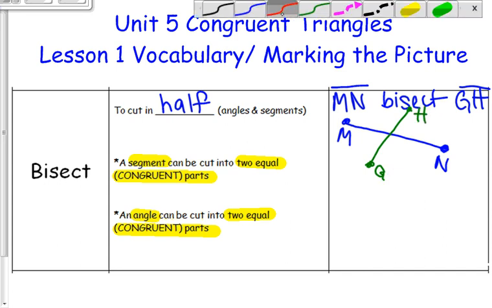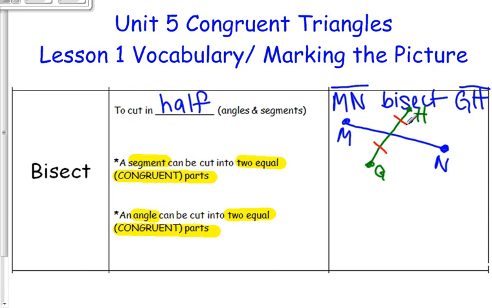And when something is bisecting, we've created congruent parts. So they would be marked with these hash marks there. Okay, and I could take this even a step further if I labeled the point there in the middle. Let's label it L. Okay, and we could say that GL was congruent to LH. Okay, that's if something is bisecting there.